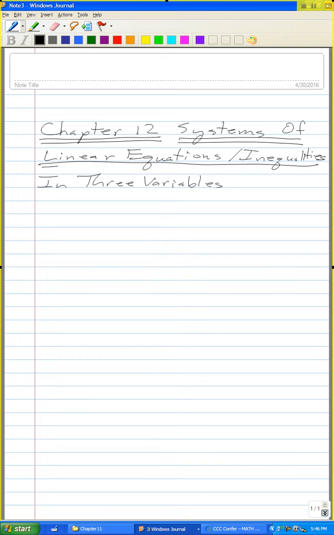So this is very, very similar to what we did for systems of equations in two variables.